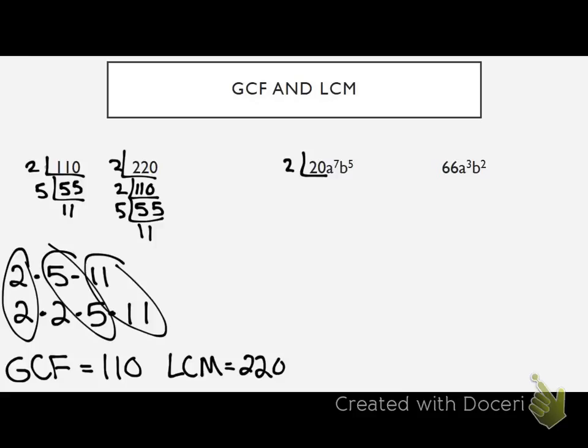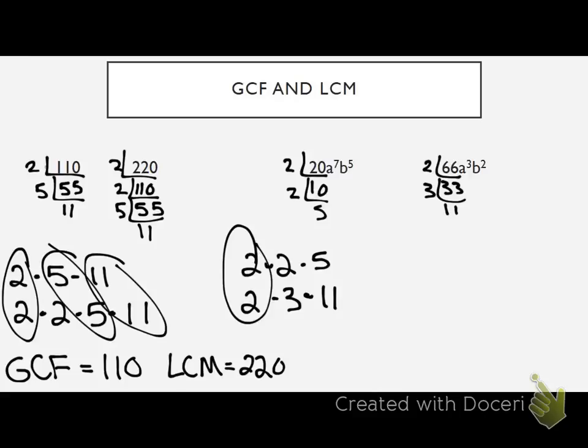Now, on the monomial, I like to just do the prime factorization of the numbers, list out my prime factorization of the numbers. For my GCF, what is the only number that they have in common? 2. Now, remember the shortcut I taught you. It's much easier than writing out individually all the letters and then grouping them all together.